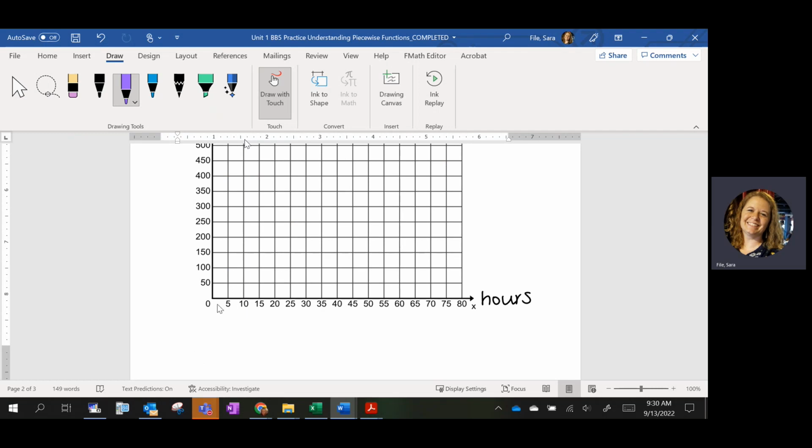Okay, so the way this is set up is nice, that each little square is actually a slope of 10, right? So I rise 50, run 5. That's a slope of 10, isn't it? Okay, and I'm doing that until I get to 40 hours. So that's going to be at the $400.